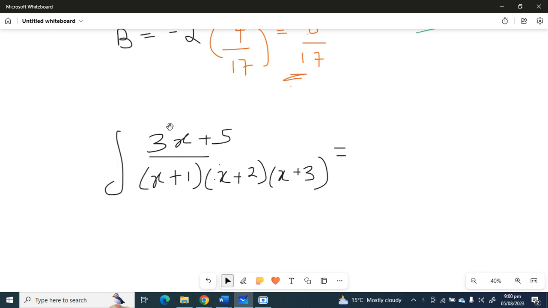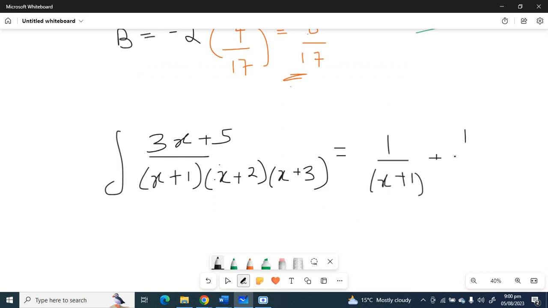So we expressed this as a partial fraction earlier. It was equal to 1 over x plus 1, plus 1 over x plus 2, plus 2 over x plus 3.